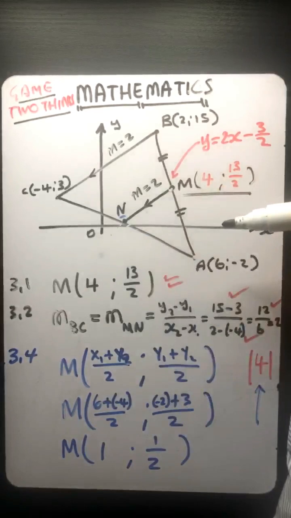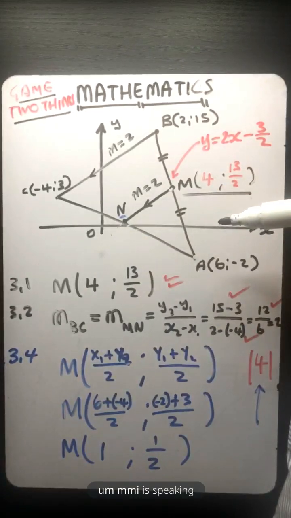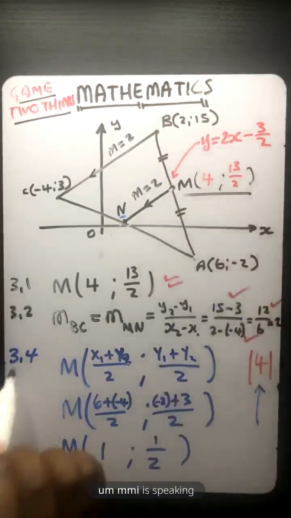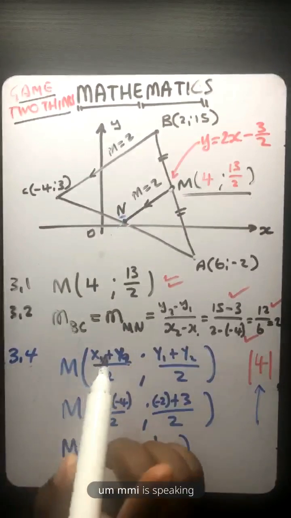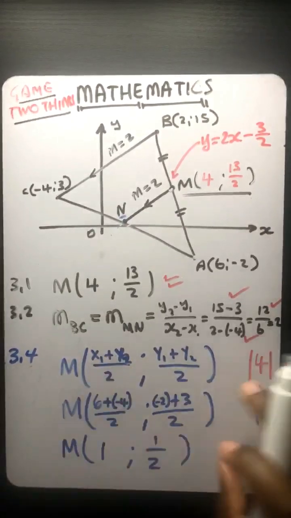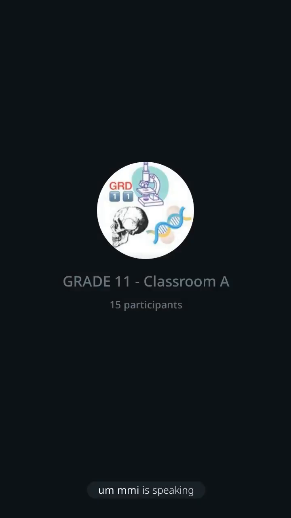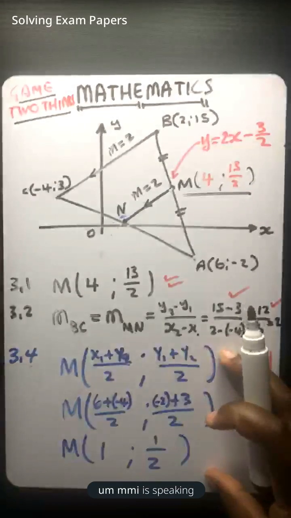Wait, Umi, where are we? Are you referring to, wait, we're still on this question, eh? Yes. What you've just said now, are you proposing a second possible way of answering this question? Yes.